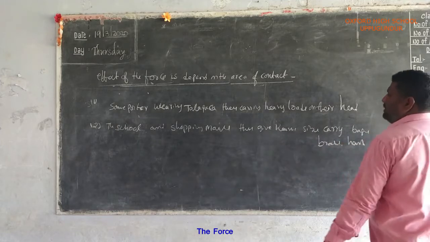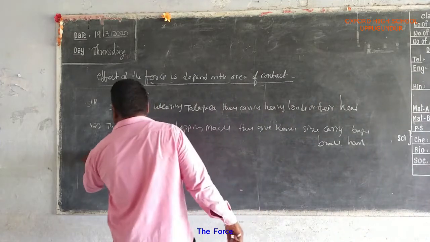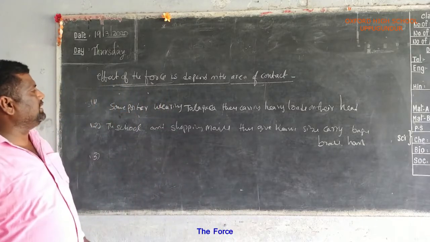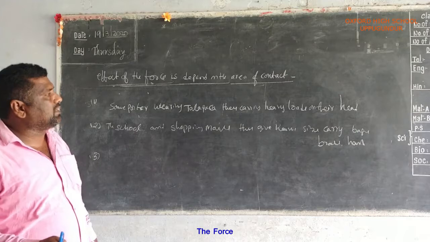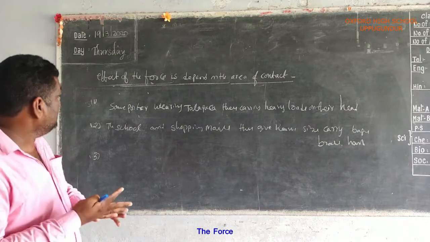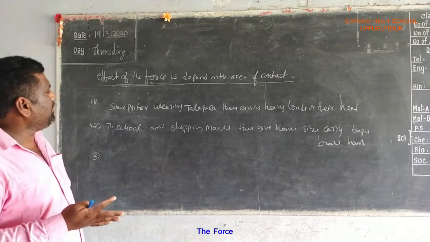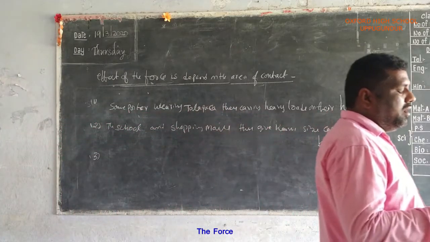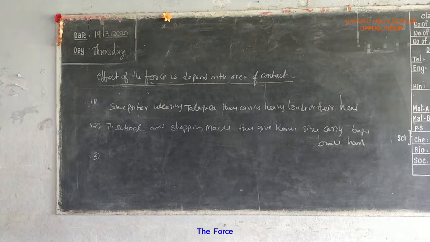And the third one: for example, porters also wear the talapaka. They carry heavy loads on their heads. What is the reason? Next, schools and shopping malls use heavy size handbags.